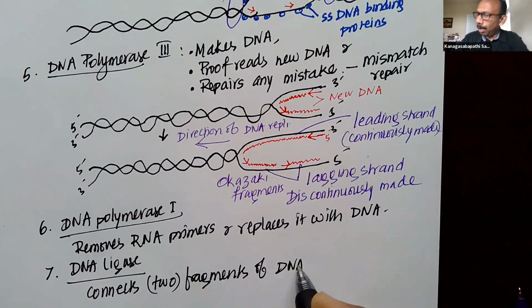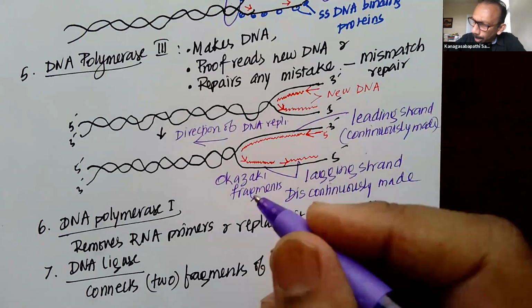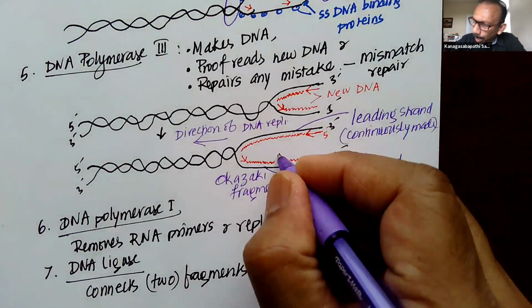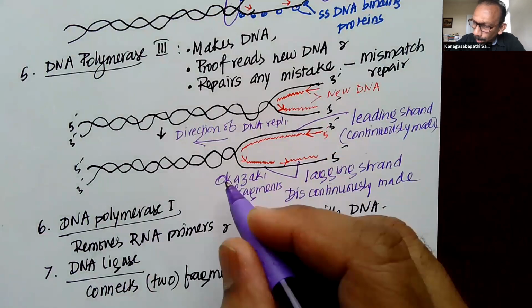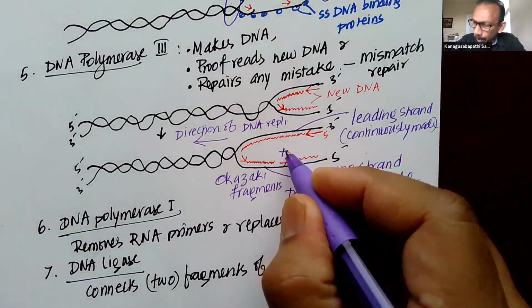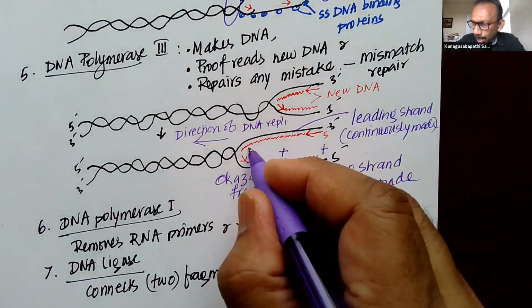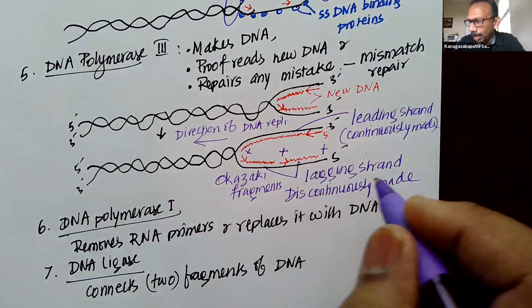So this is where the ligase will come in, and I'm going to mark it up here. So this is where the DNA polymerase 1 will come and break this, and the ligase will come and connect these fragments. Wherever there is a gap, it is going to connect these fragments.